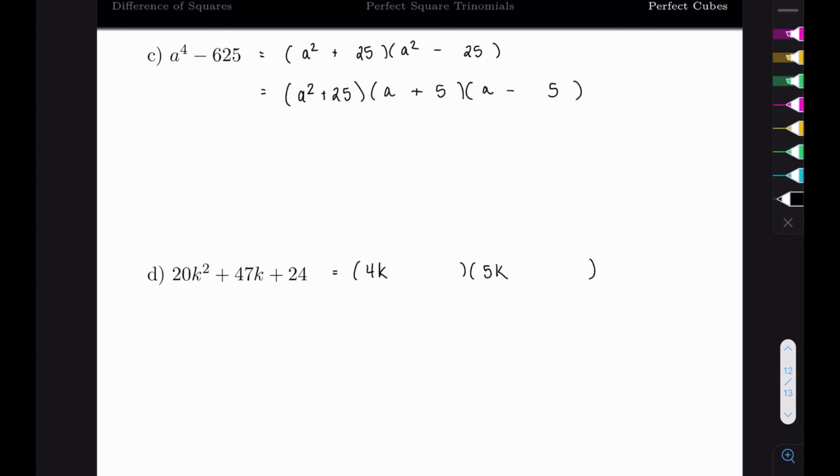Another way we can multiply to positive 24 is 3 and 8. Now let's see. If we multiply these two together, it gives us positive 32k. The inner gives us positive 15k. And if you add those up, it does indeed give us 47k. So this is our correct factoring.